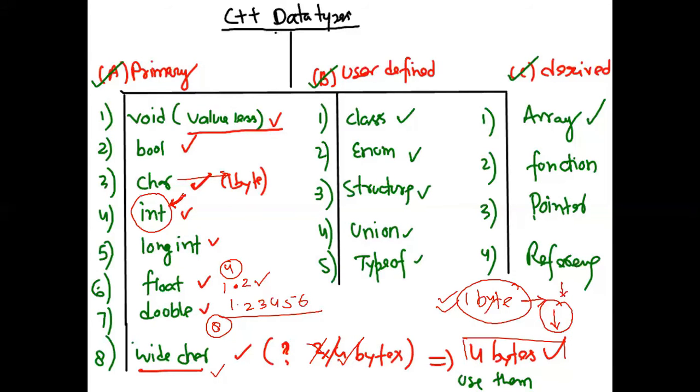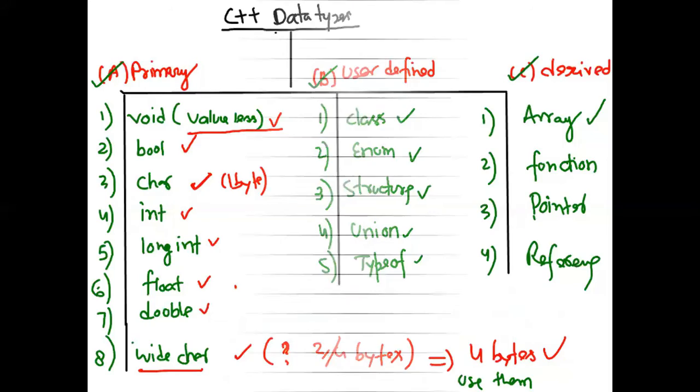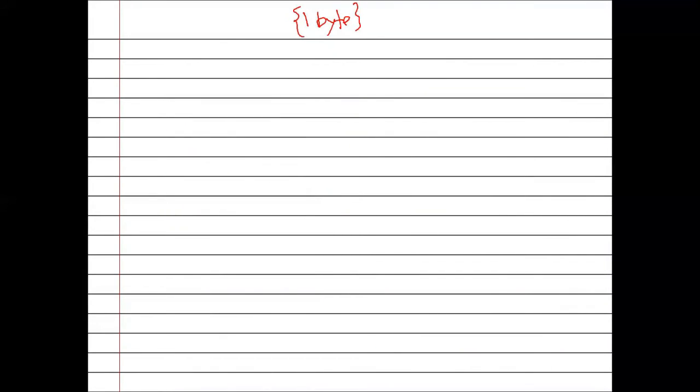So let's explore the character a bit. Now I'm going to explore each and every primary data type in detail with examples, so that it will be easy for you to get along with these data types.